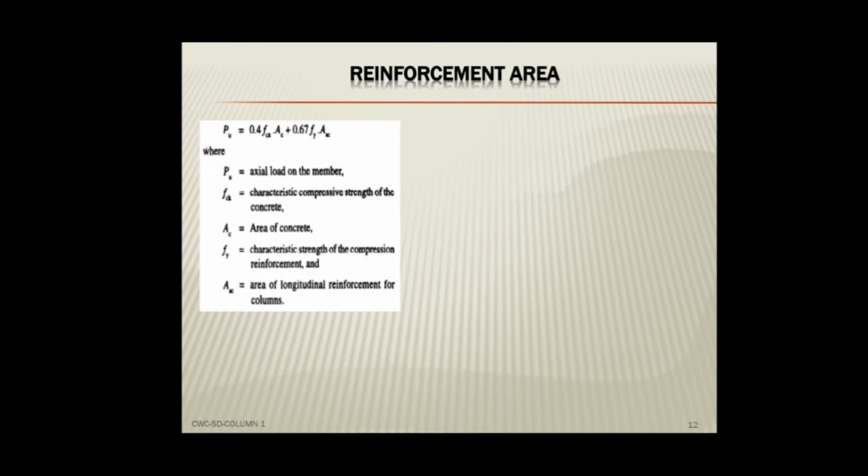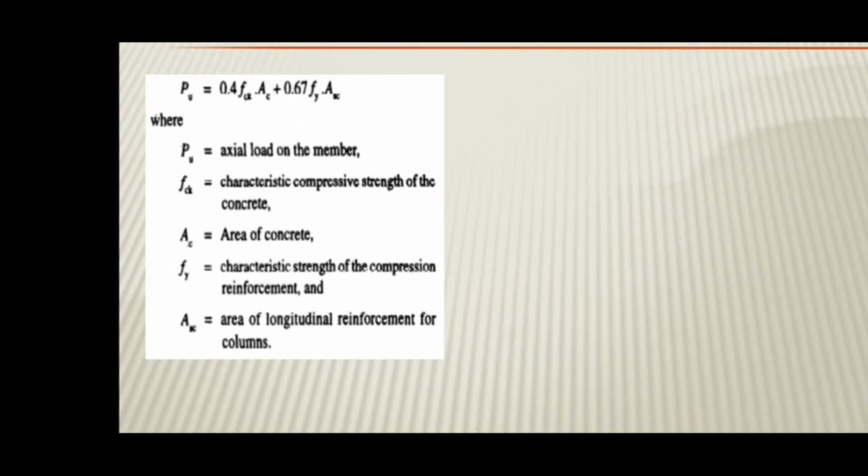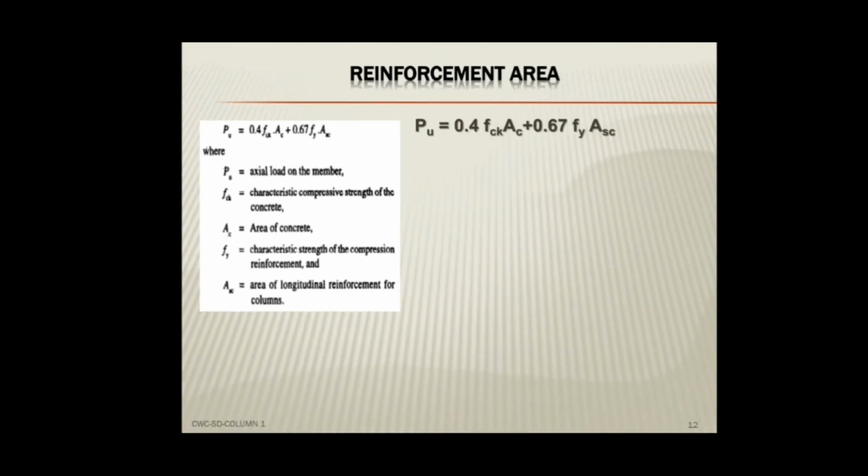So we have the equation as Pu is equal to 0.4 fck Ac plus 0.67 fy Asc. Here Ac is the area of the concrete.